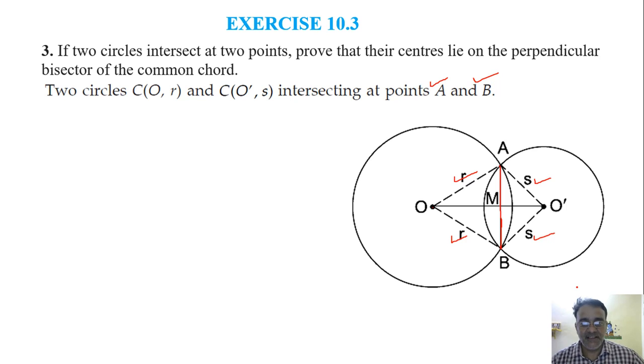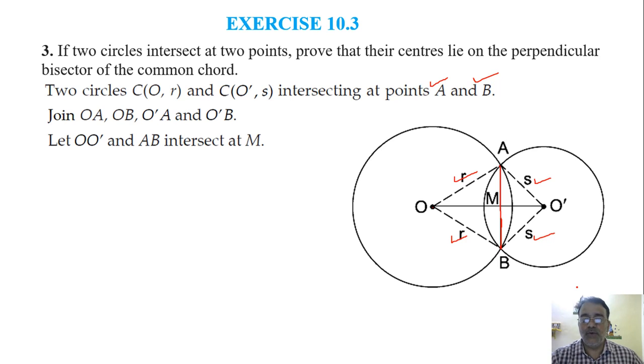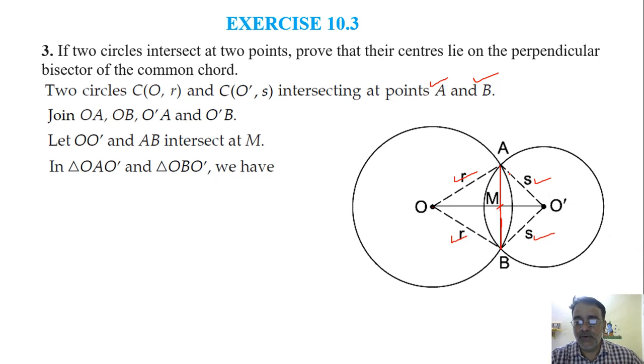So we'll start by joining OA, OB, O'A, O'B, and let OO' and AB intersect at point M. So this is the intersecting point M. We'll start with these two triangles OAO' and OBO'. So OA is equal to OB. Why?